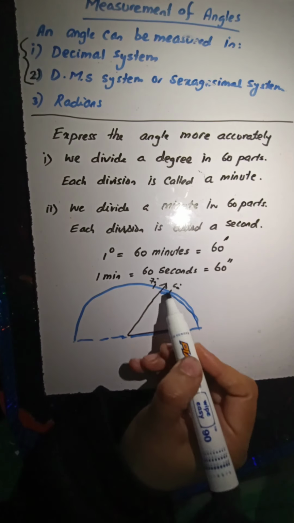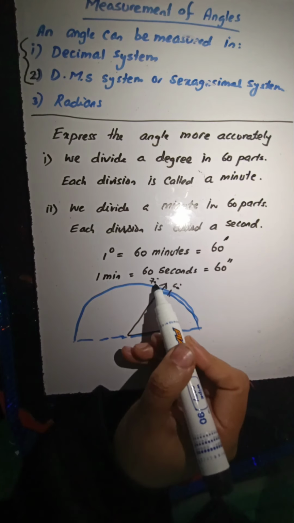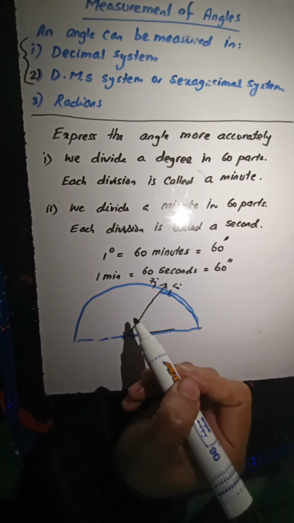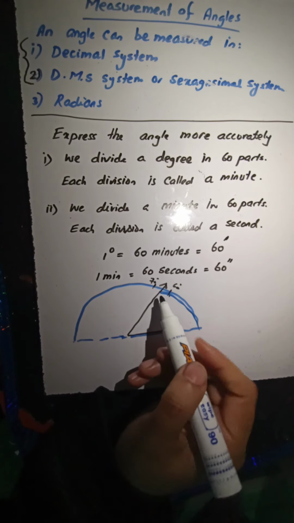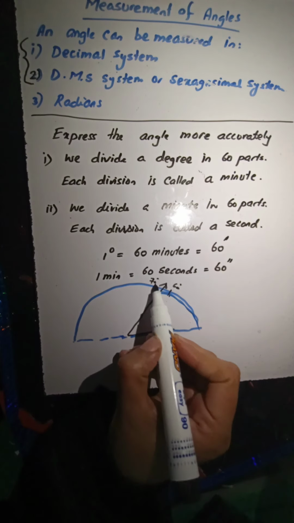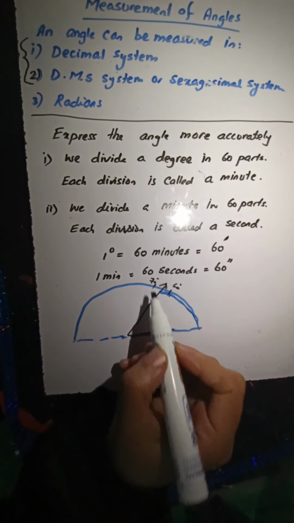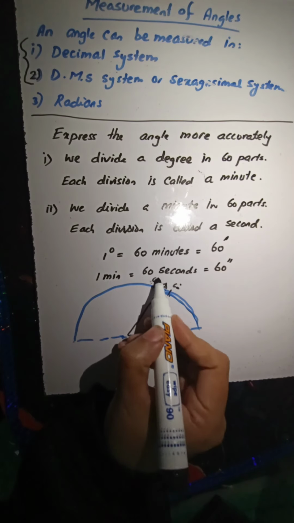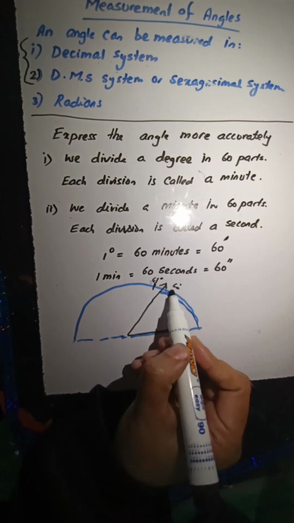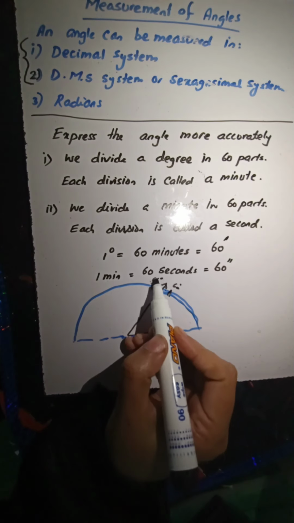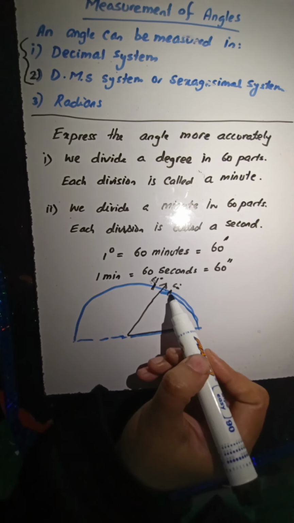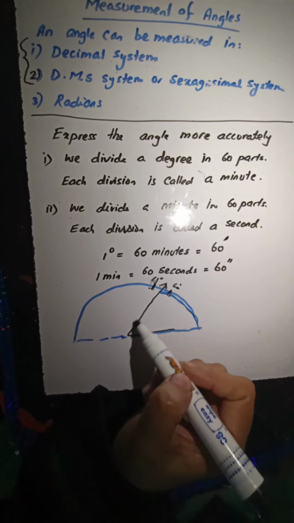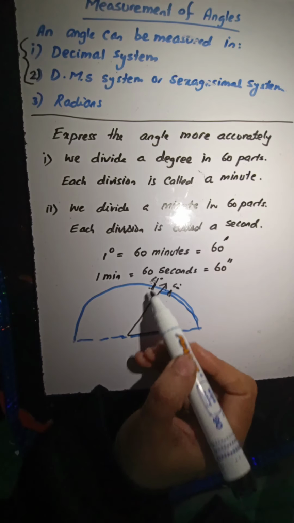Then you can't say this is 60 degrees and you can't say this is 70 degrees, because it lies between these two angles. So to have a more accurate measurement of angles, we have divided a single degree. Suppose this is 60 degrees, and over here we have 61 degrees. Here we can't say this is equal to 60 or 61, because it lies midway between 60 and 61.